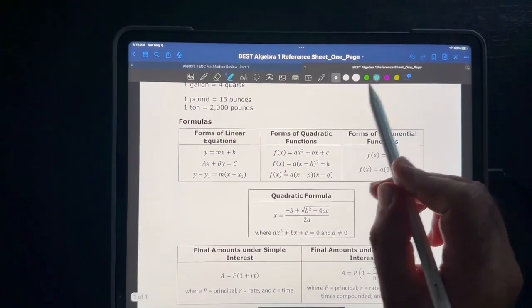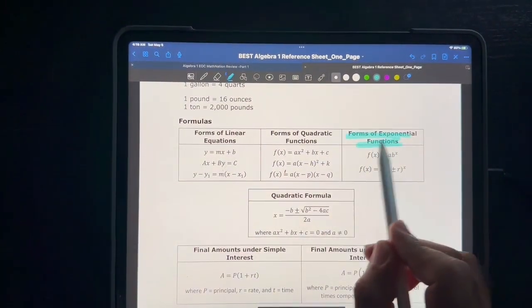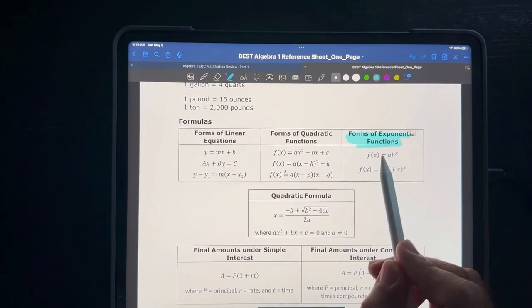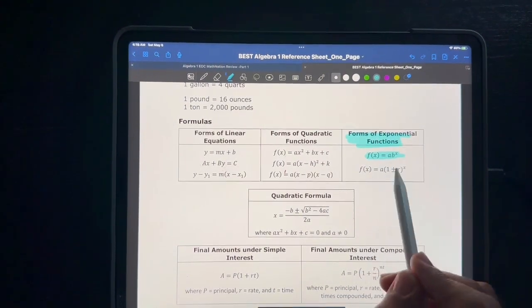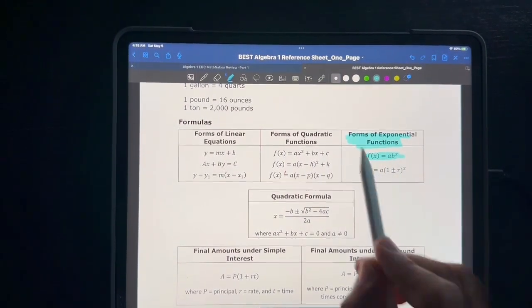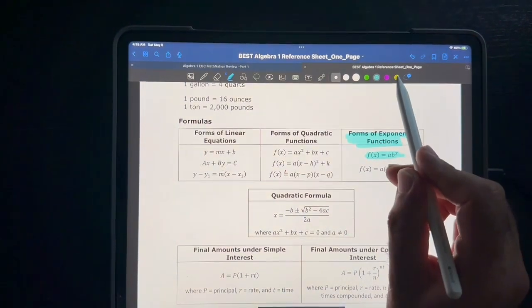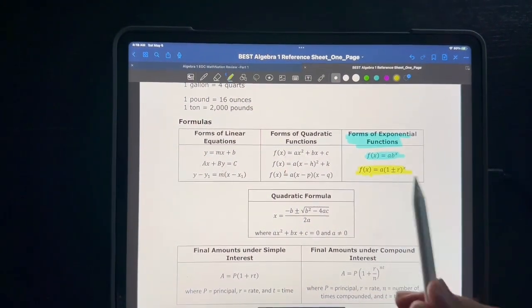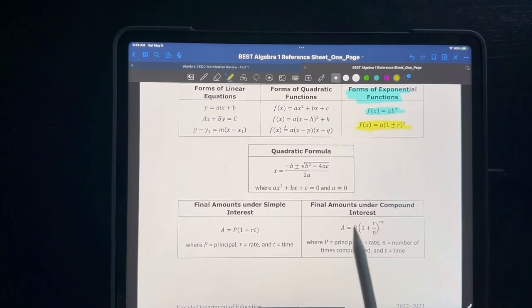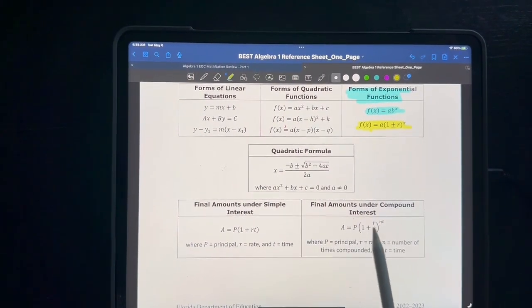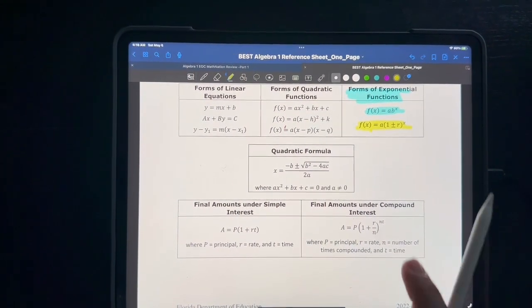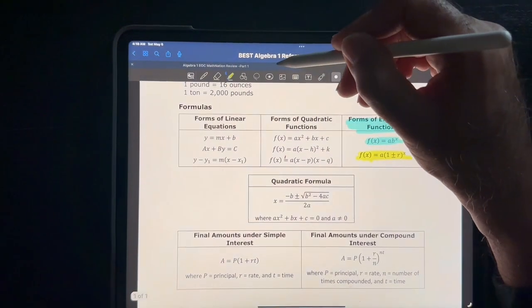We do have exponential formulas right here. So we're going to be using this a lot, and also this one for the questions coming up. We're going to be using these two formulas. Then there's also some compound interest formulas as well. So thank God they gave you this one. All right, moving on.